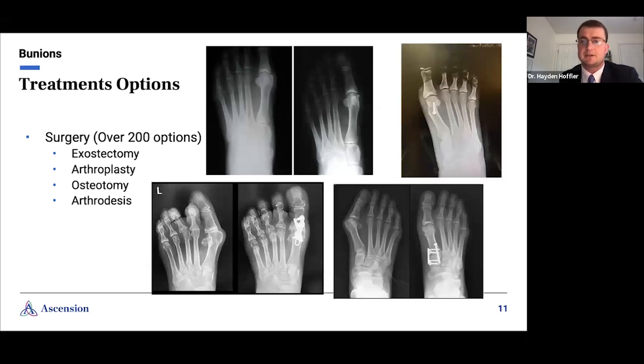And then the last thing is fusion, and that can involve fusing the toe at the great toe joint or the joint behind it. You can see on the bottom, there are 2 examples of that, where there's fusion at the big toe joint and the joint behind it. So either one of those are options.